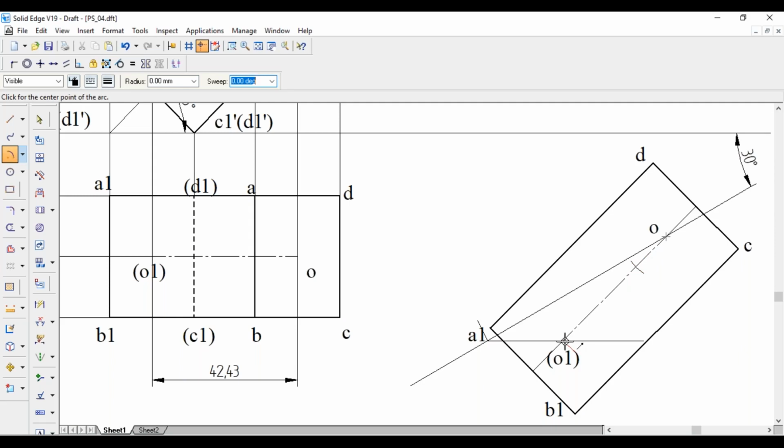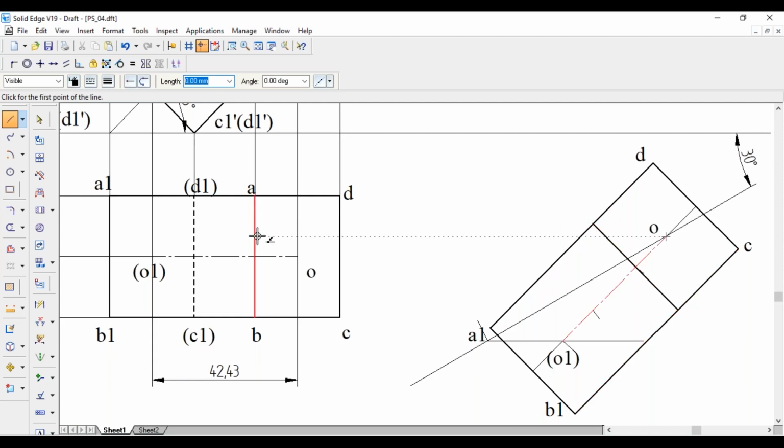Similarly O1 as center, 12.37 mm as radius, cut another arc. From this point, draw a line perpendicular to O1 till this one, that is 17.5 mm as length. Similarly this side also, 17.5 mm as length. Now AB is over.